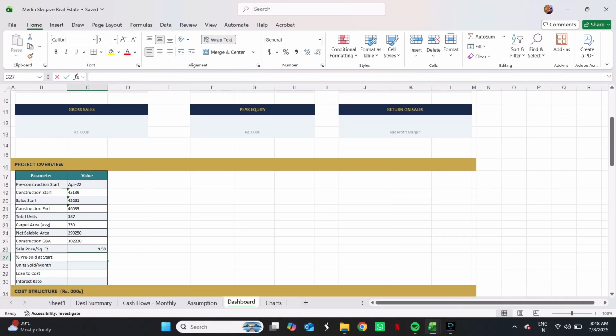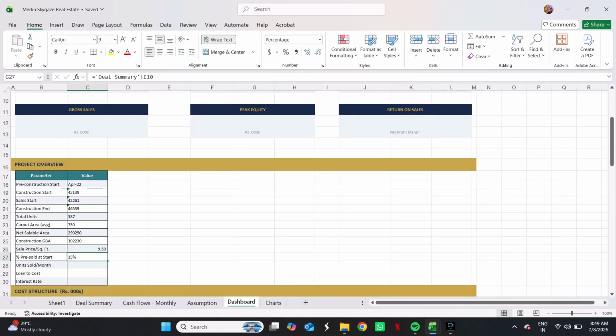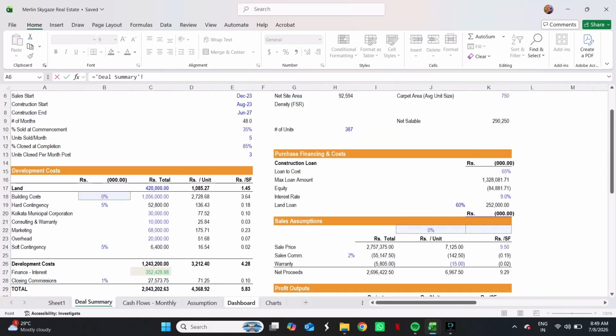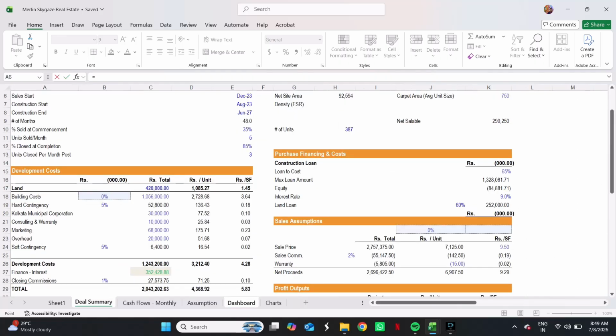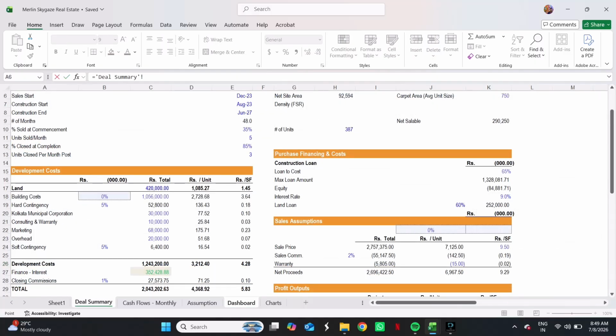Price sold at start in summary, units sold per month 5, and loan to cost 65%, and interest rate 9%.